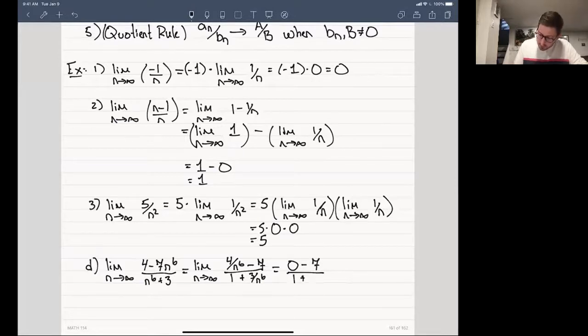And same thing, 3 over n to the 6, you can use the product rule here to get that this goes to 0, which gives me a limit of minus 7. Right, so you can skip a lot of steps now. That's the beauty here, is that we don't have to use epsilon anymore. We don't have to make our lives complicated. We can use the intuition that we've been building up for a long time. But it is important to give yourself a proper definition of the things that you want to quantify.